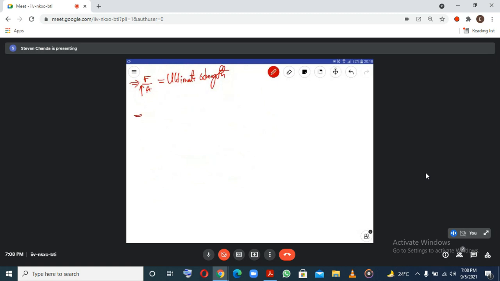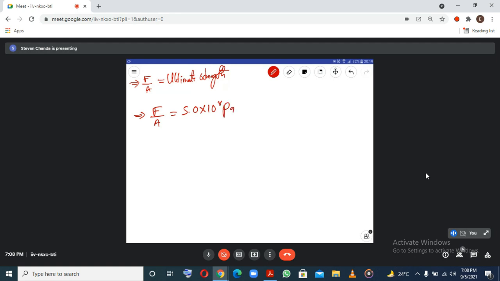So here we are saying, the ultimate strength of steel under compression, because this question is talking about compression, is 5.0 times 10 to the power 8 pascals.